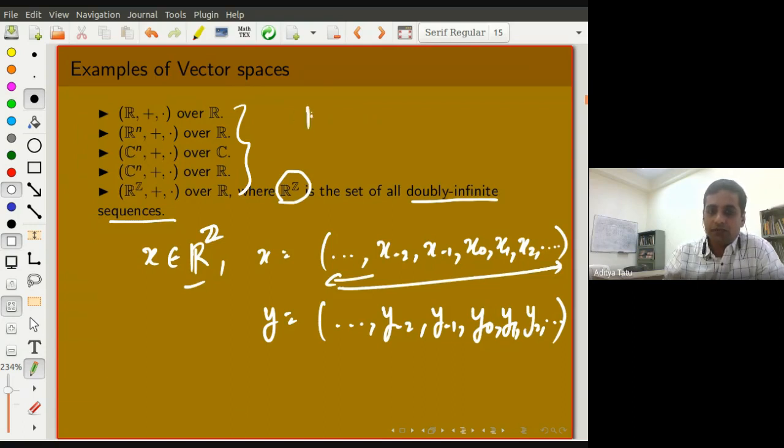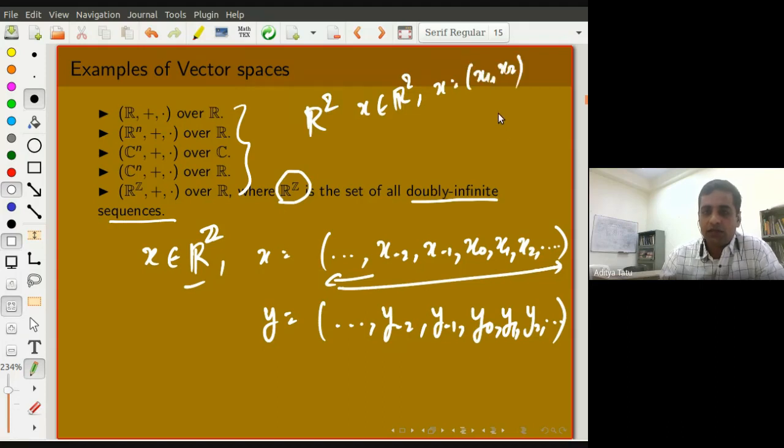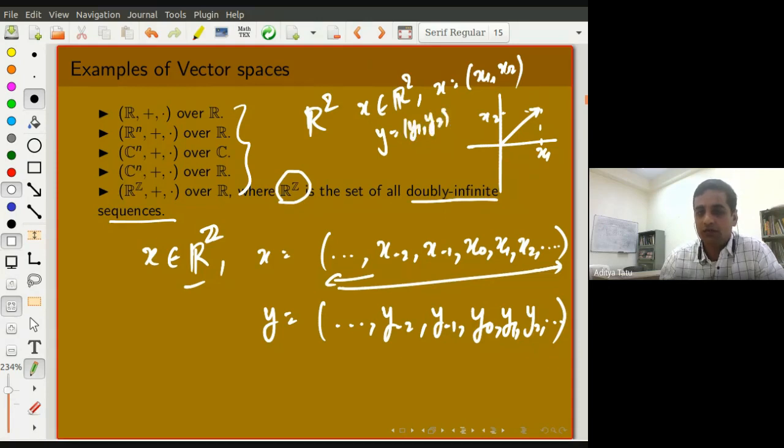Compare this to your R2 case. If x is an element in R2, it basically is a tuple x1, x2. This we can interpret very easily as a vector, as we have been familiar with. If there is another element in R2 with components y1, y2, this is another vector.